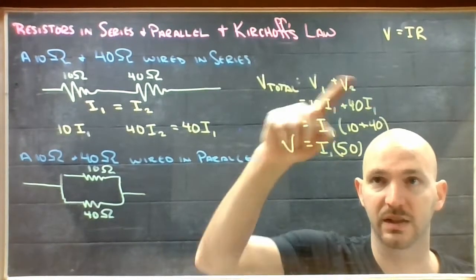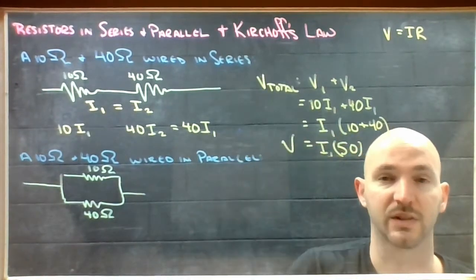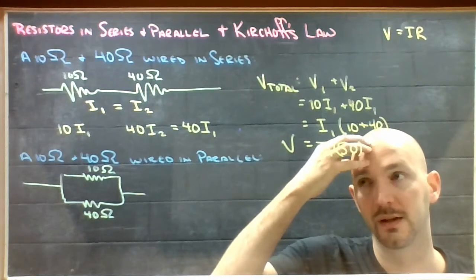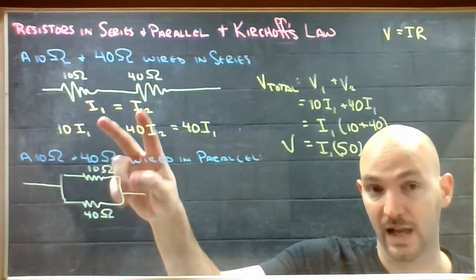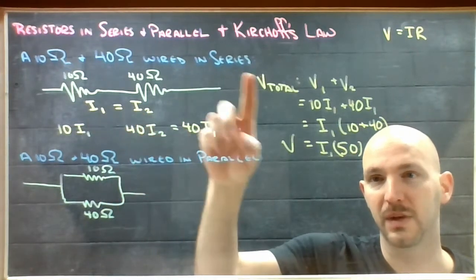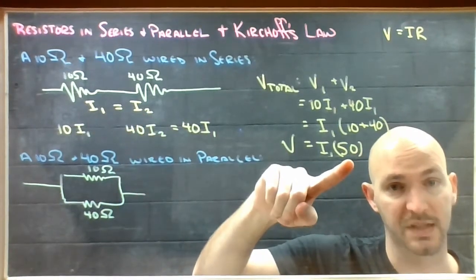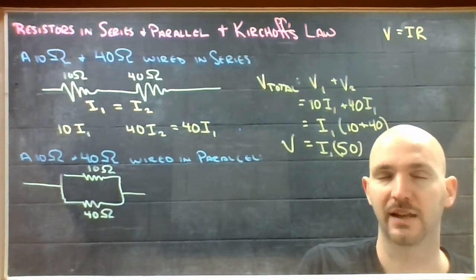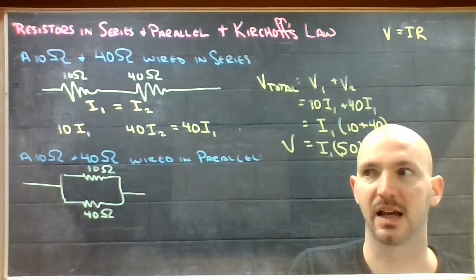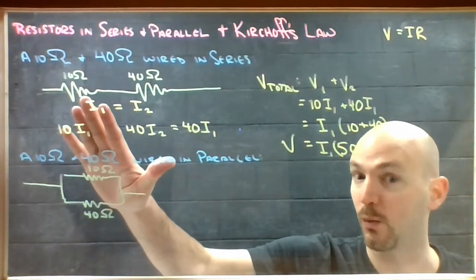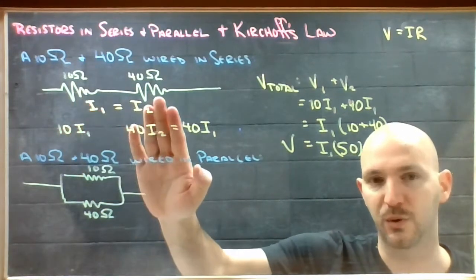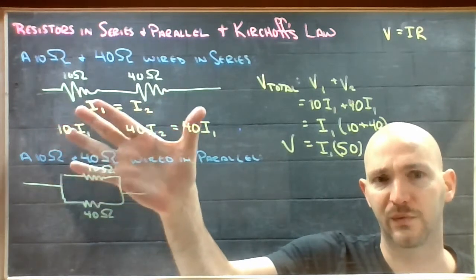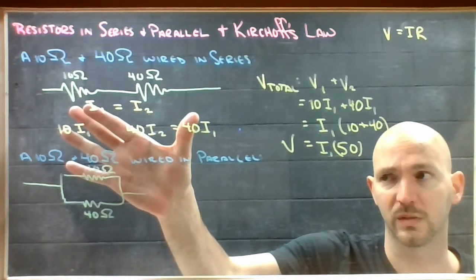So just by using the algebra structure of Ohm's law and combining your two voltages, the fact that these currents have to match means that you can get the total resistance of that circuit by just adding the two pieces together. And that should make some sense. If you put 10 ohms in the way of your current, and then you put another 40 ohms also in the way, then there should be 50 ohms of resistance in total.